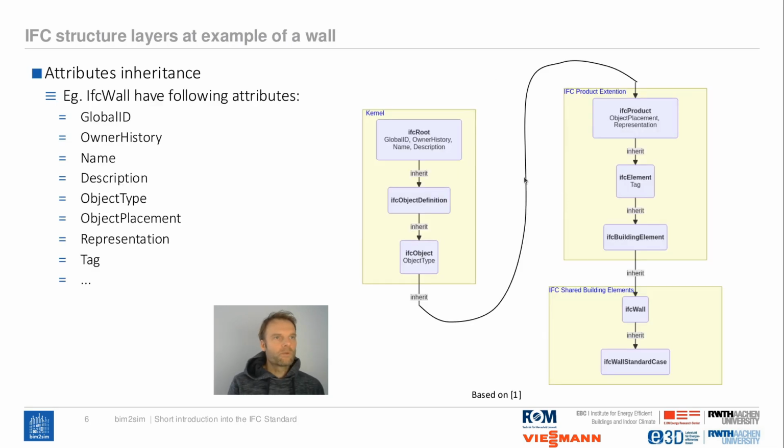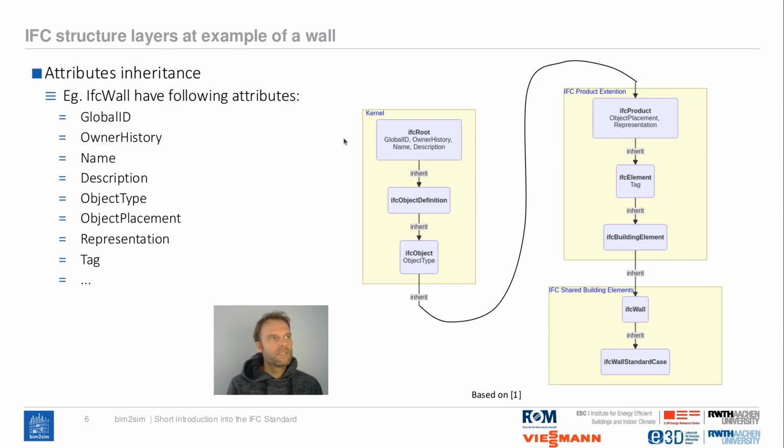But first I want to make some examples regarding this structure. For the IFC wall, you see here the wall, and this wall inherits things from the building element, from product, and so on and so forth, and ends in the IFC root.